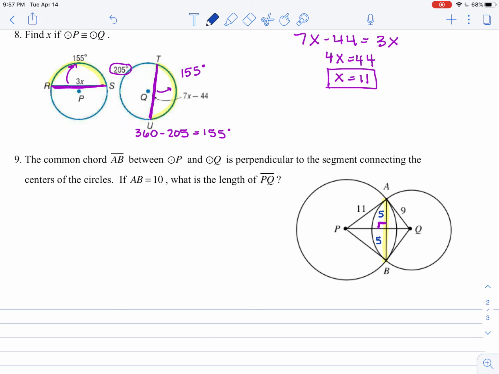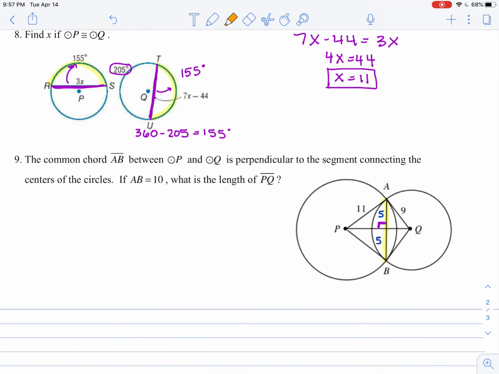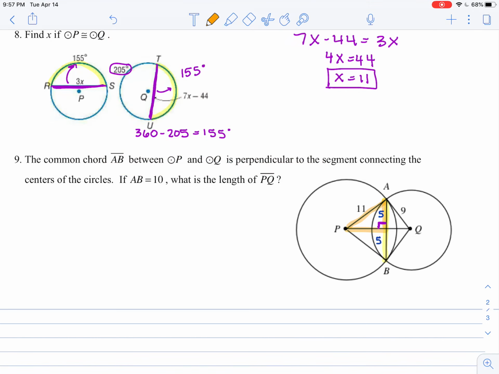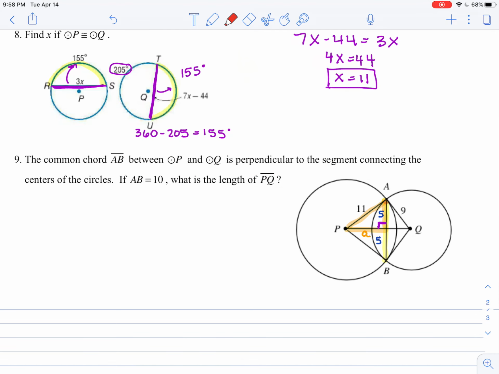We need the length of PQ, so let's split this into 2 different right triangles. The first one I'm going to look at is this triangle here. I know one leg is 5 units, the hypotenuse is 11 units. I need the length of the other leg, so I'm going to call it A. Then we can look at the right triangle on the other side.